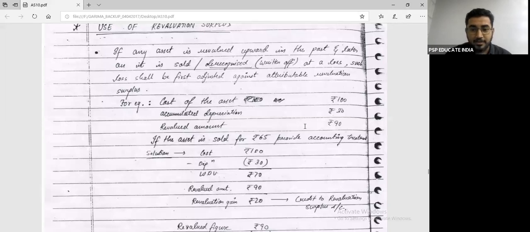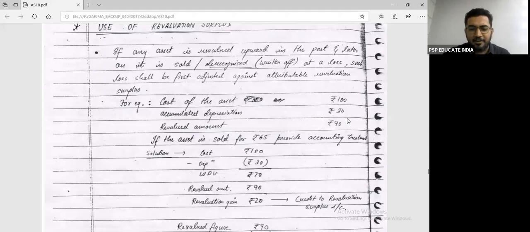Tell me, upward or downward revaluation? Upward. Upward by how much? Upward or downward? Upward. Okay.